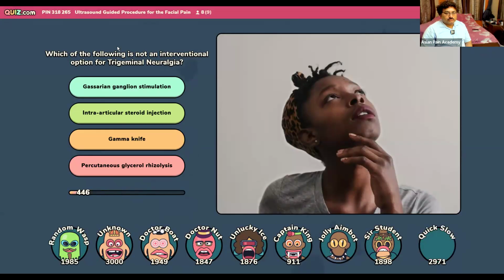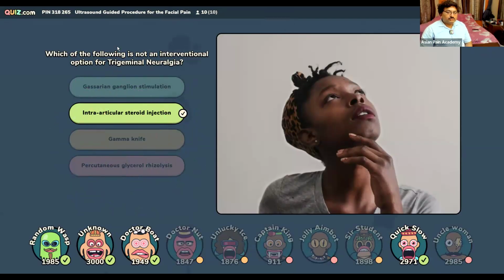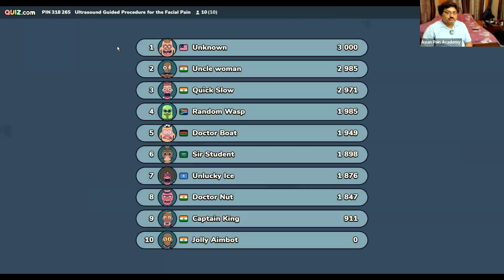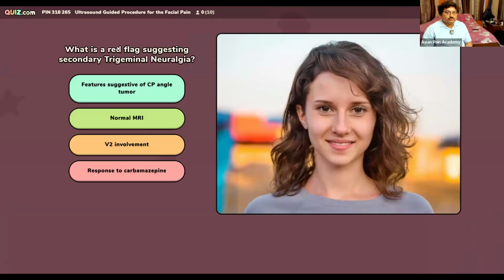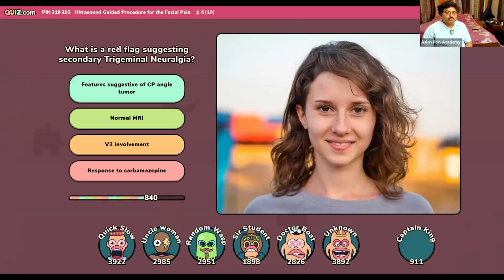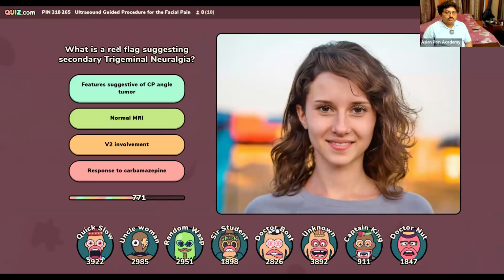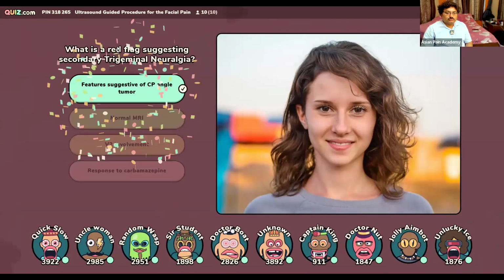Intra-articular steroid injection. What is a red flag suggesting secondary trigeminal neuralgia? Features suggestive of CP angle tumor.